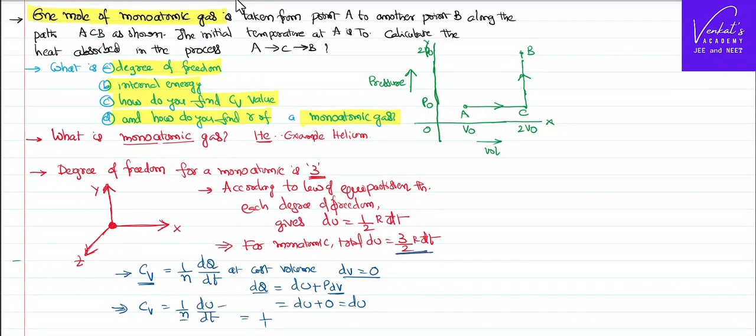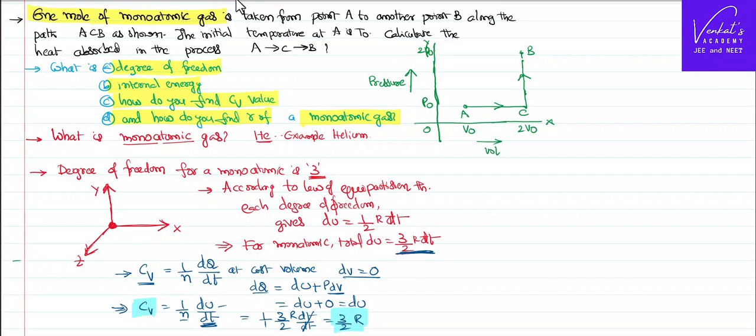Assuming an ideal gas of 1 mole, dU can be written like 3 by 2 R dT. Dividing by dT for CV, dT cancels. That is 3 by 2 times R. That's how we get the value of CV for a monoatomic gas.